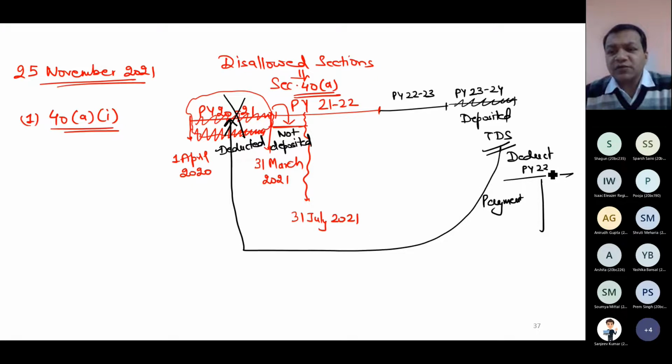This is the P&L account of 2023-24. That's it.